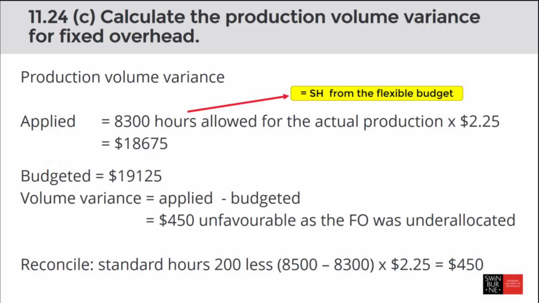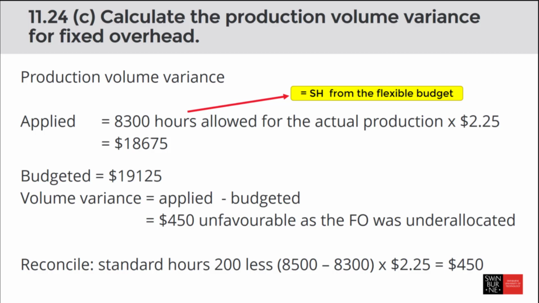Requirement C. Calculate the production volume variance for fixed overhead. Production volume variance, remember, is applied compared to budgeted. The applied one is 8,300 hours, the standard hours from the flexible budget, times your rate of 2.25, equal to 18,675. So that's the total fixed overhead cost that you applied to the products completed.